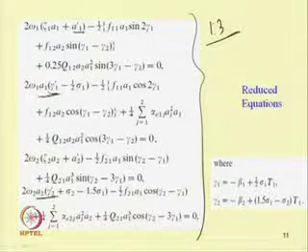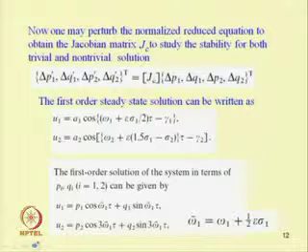To circumvent that, one can use a transformation in terms of p and q, and then write the perturbed equation in this form.